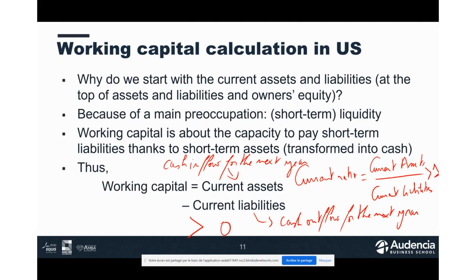But only because of past transactions. So it's interesting, normally your working capital in a small, medium enterprise should be higher than 0 in order to have the capacity to pay what is already due with what you already own.